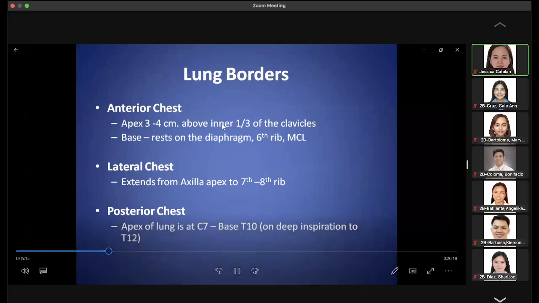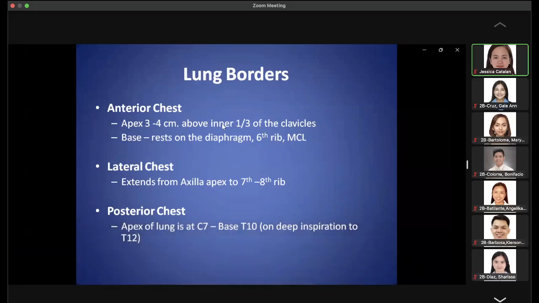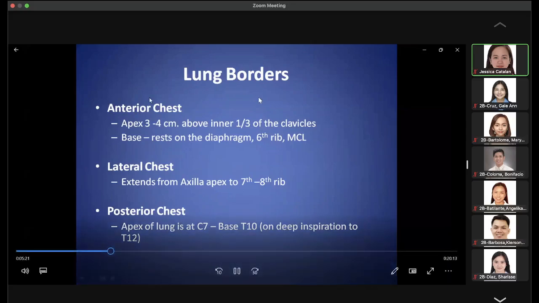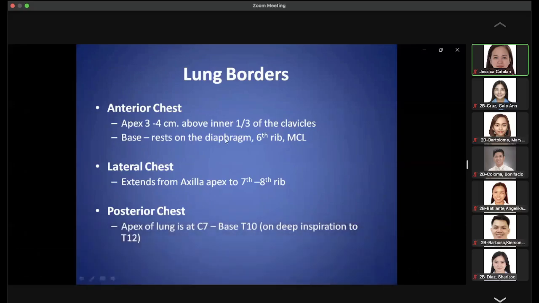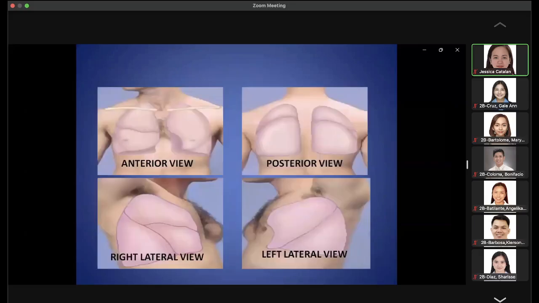For the lung borders, you have anterior, lateral, and posterior chest borders. Anteriorly, the apex of the lungs is 3 to 4 centimeters above the inner one-third of the clavicles, and its base rests on the diaphragm, approximately at the 6th rib of your mid-clavicular line.